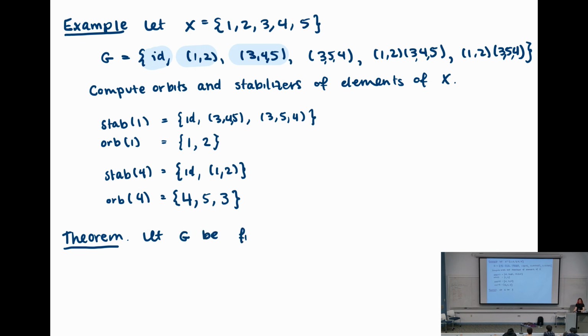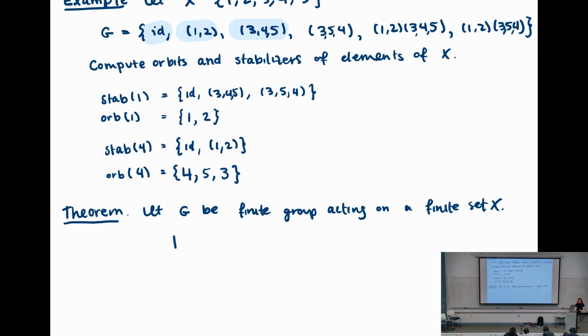Let G be a finite group acting on a finite set X. Then the order of G is equal to the order of the orbit of an element of X, let's call this Y, times the size of the stabilizer of Y, where Y is an element of X.